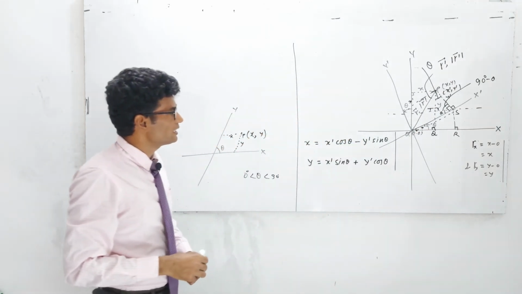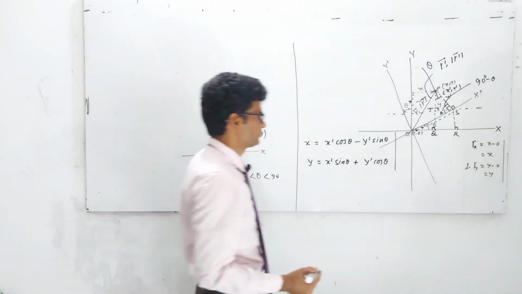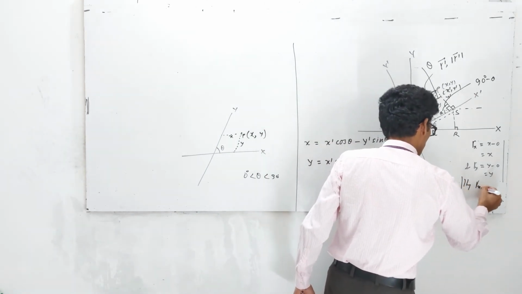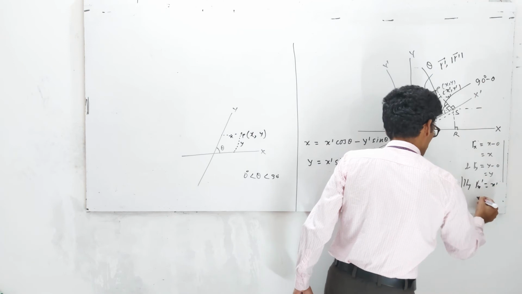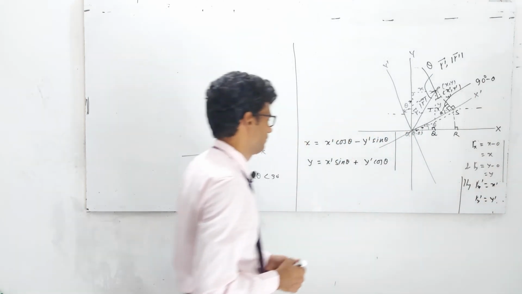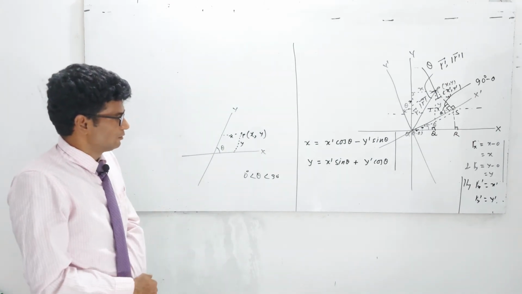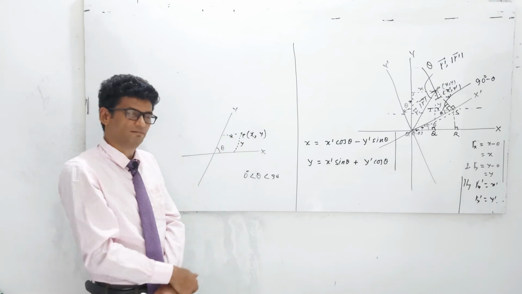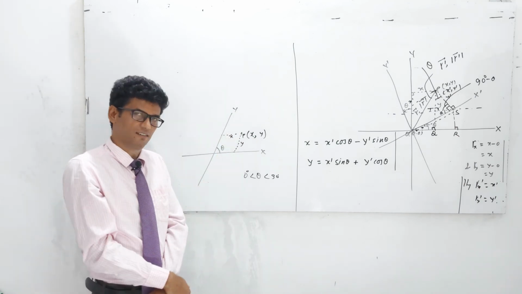So here x prime, y prime are similarly the components of the vector in the primed frame. So the components of a vector are related.